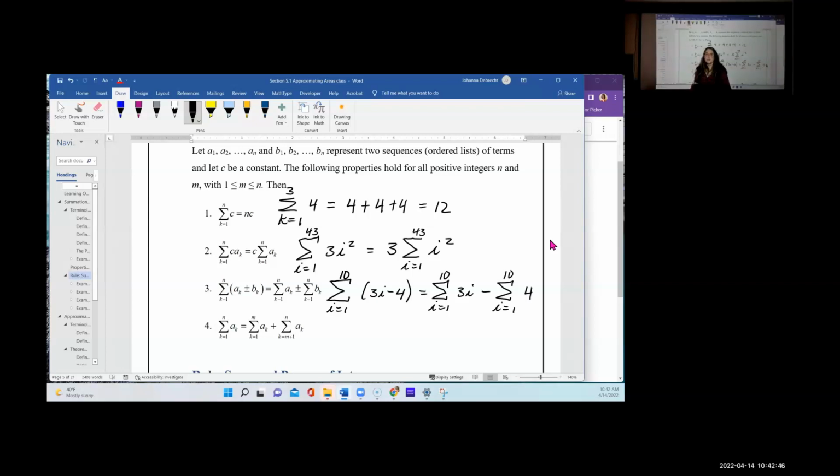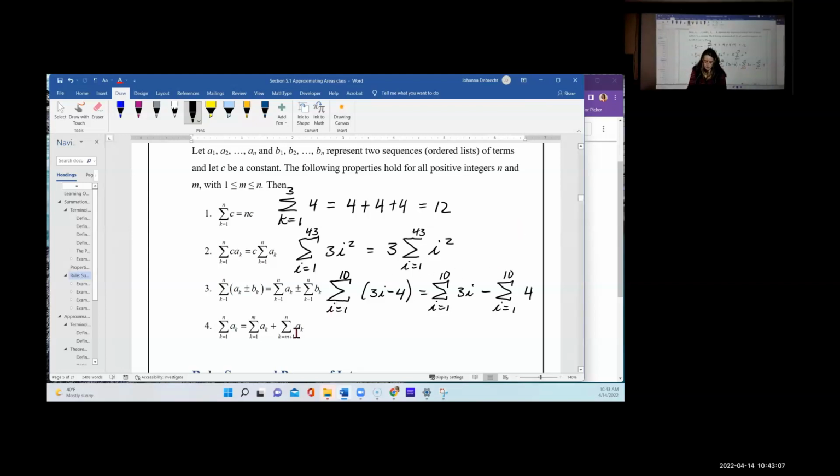So I can split it up. Now this is possible because the sigma symbol represents a sum in itself. So you have a sum of a sum. And so you can definitely split it up into the different parts. And then you could use property 2 to pull the 3 outside of the second one.